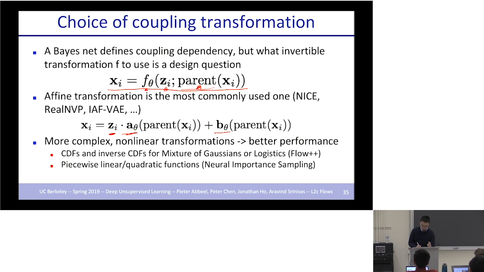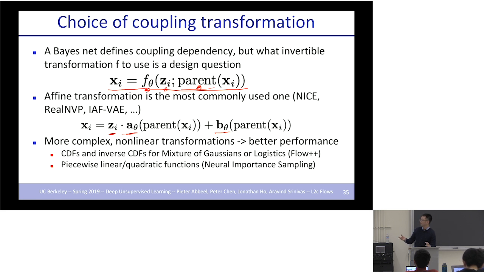That's a good question. Throughout deep learning, people have been throwing neural nets at everything. Why don't we just use a complex neural net to represent the f here? It can be as complex as it can be. But mainly there are two criteria. One is you want to be able to invert it, and not all neural nets represent invertible functions.